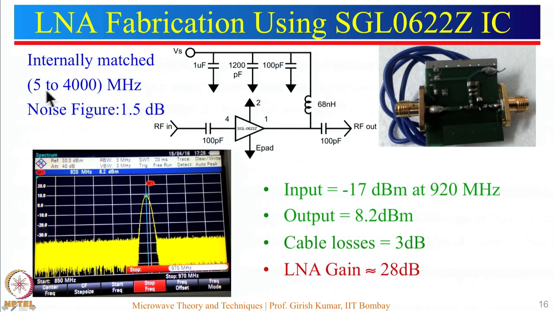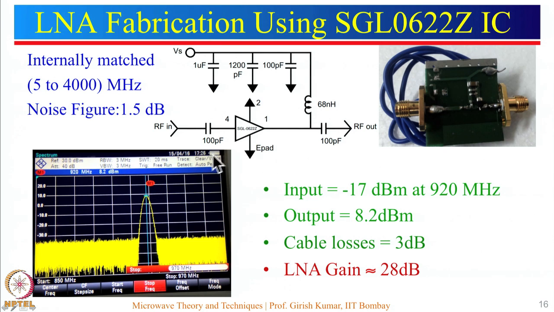So, why am I saying that? In this circuit you can see the coupling capacitors are given as 100 picofarad and 100 picofarad. Now, these capacitors should act as short circuit at the desired frequency, but at 5 megahertz these capacitors will provide very high impedance, because we know that impedance of the capacitor is given by Z equal to 1 by j omega C. So, if omega is small, overall impedance will be large.